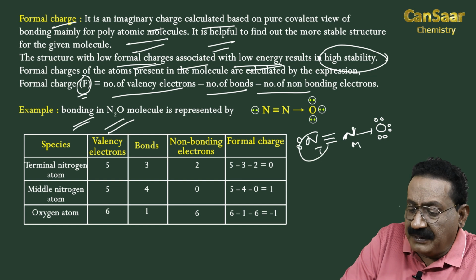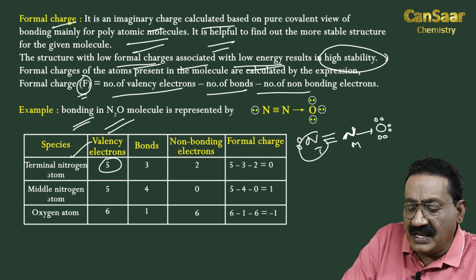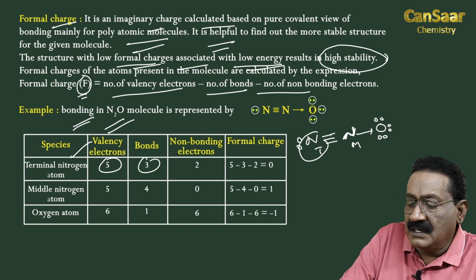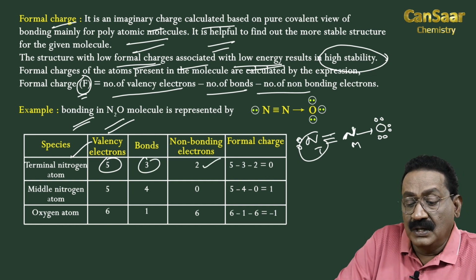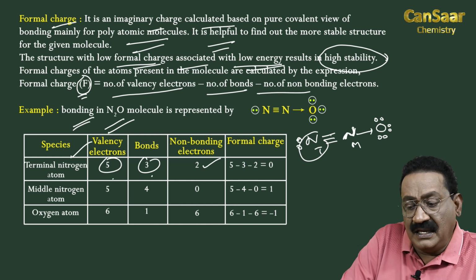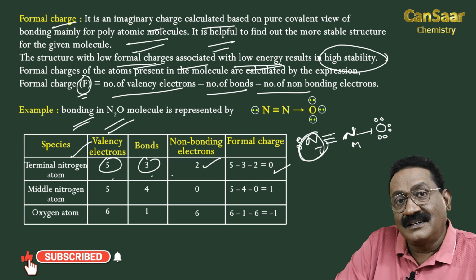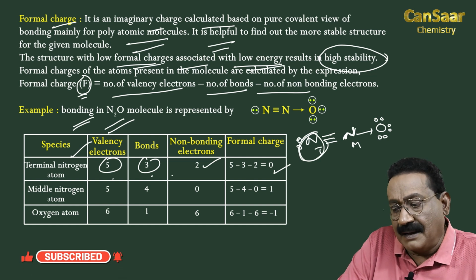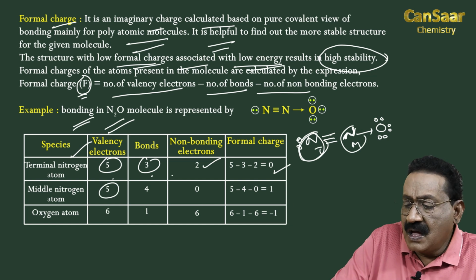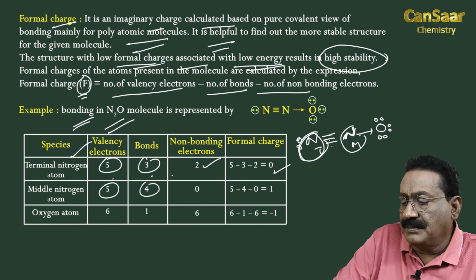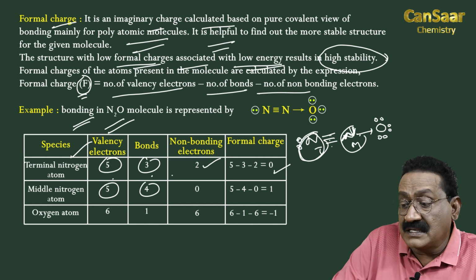So for N terminal, formal charge. Here nitrogen has 5 valence electrons and it has formed 3 bonds, and it has 1 lone pair, 2 electrons. Hence 5 minus 3 minus 2, 0 is the formal charge for terminal nitrogen atom. For middle nitrogen, let us see. 5 valence electrons, 4 bonds it has formed, and no non-bonding electrons, because it has given that lone pair.